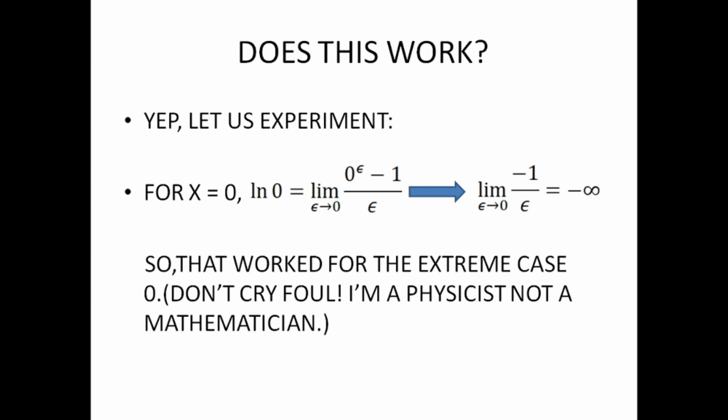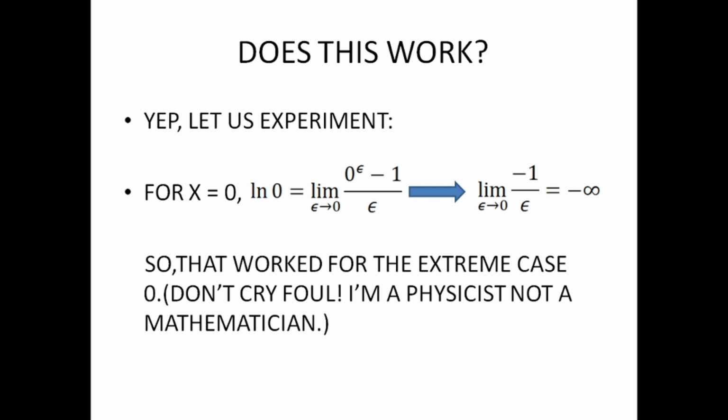Now we make epsilon 0. That's not admissible, that's not rigorous, but okay, let's do that. And that becomes minus infinity. Okay, of course. Natural logarithm of 0 approaches minus infinity. You might check for it. e power minus infinity, or anything power minus infinity, goes to 0. So that worked for the extreme case 0. Don't cry foul. I am a physicist, not a mathematician.